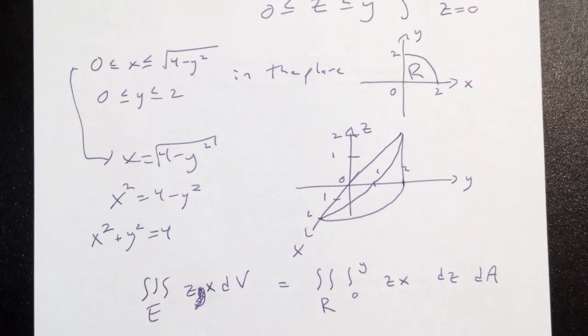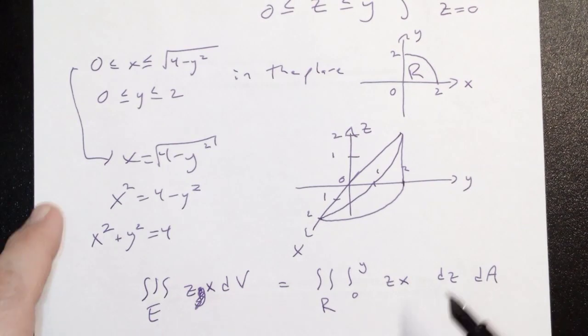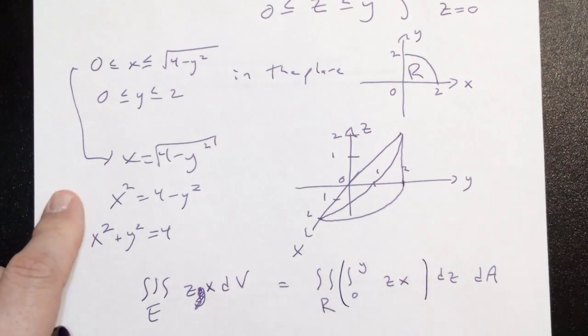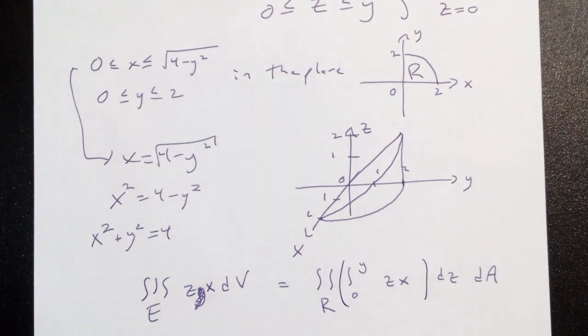I'm probably best switching to polar when I do. So I'm going to try and bring all of that together. This is really a triple integral, but it's really a z integral and then an xy integral. And because this one's round, I'm better off doing polar coordinates. So let me do it like this first. I'm integrating with respect to z. What's the integral with respect to z?